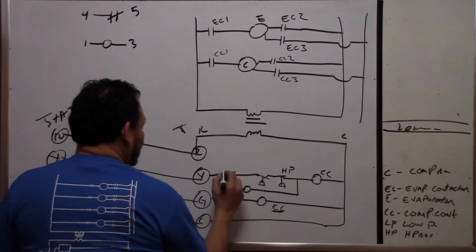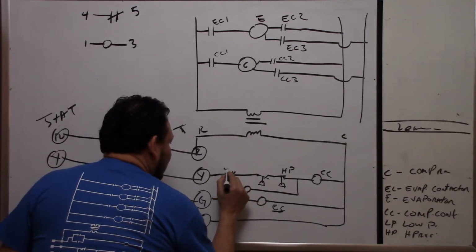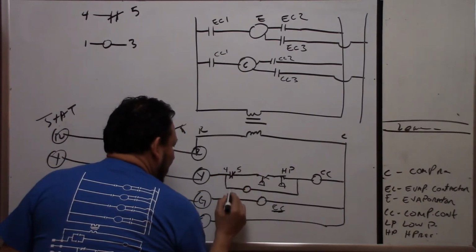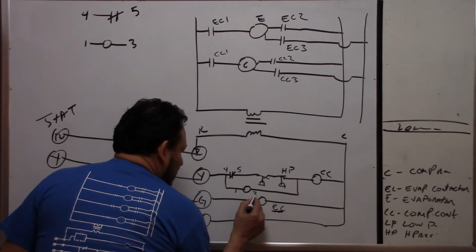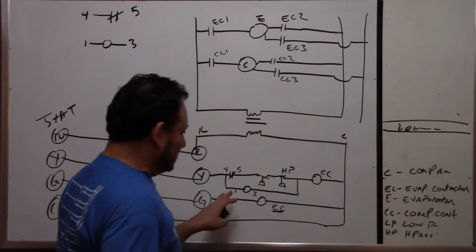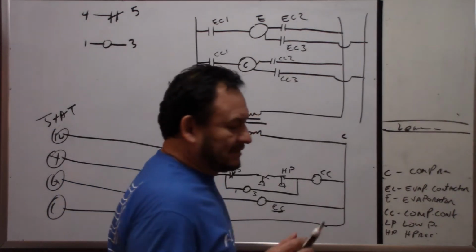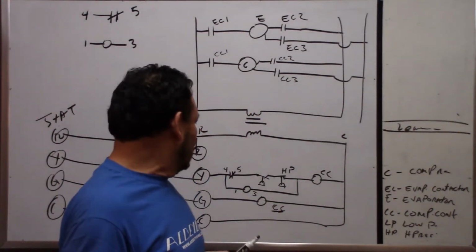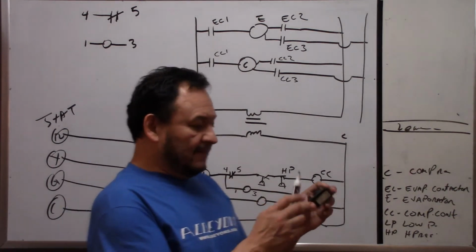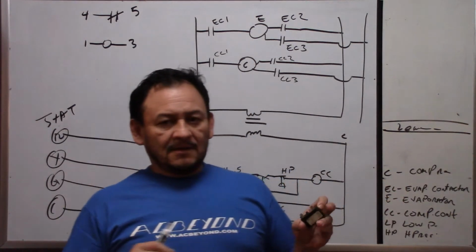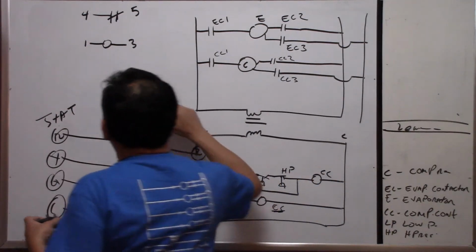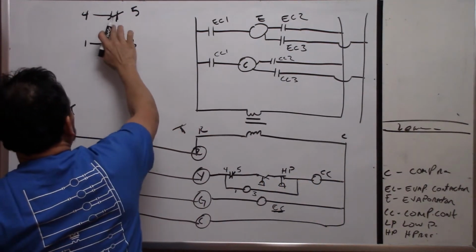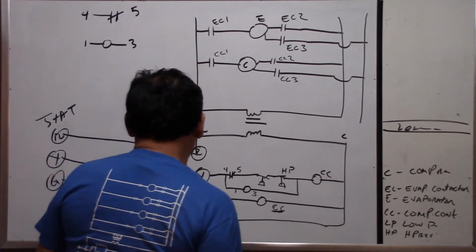If you look at the numbers, it's going to be 4 right here, 5, this is 1, and this is 3. Most of the coils are standard, 1 and 3 usually the coil, and 4 and 5 on this one, same thing, they're usually normally closed. You also have over here 4 and 2 which are normally open, but we're not going to use that.